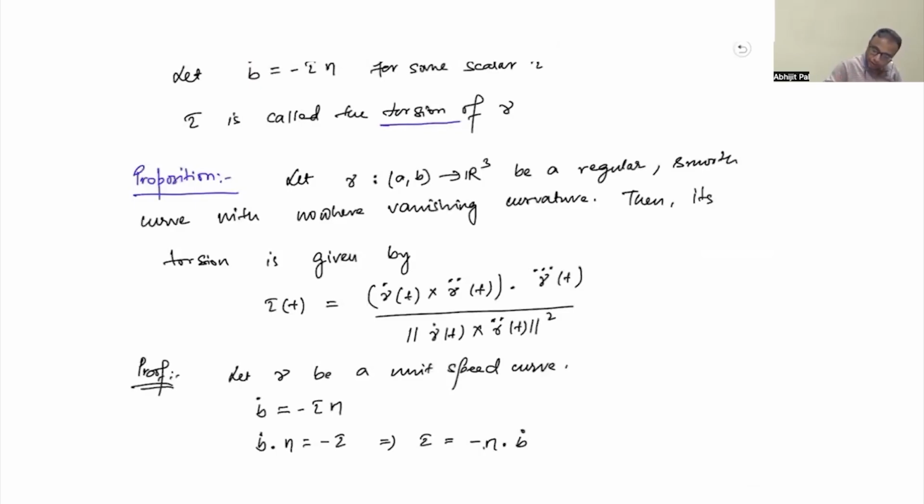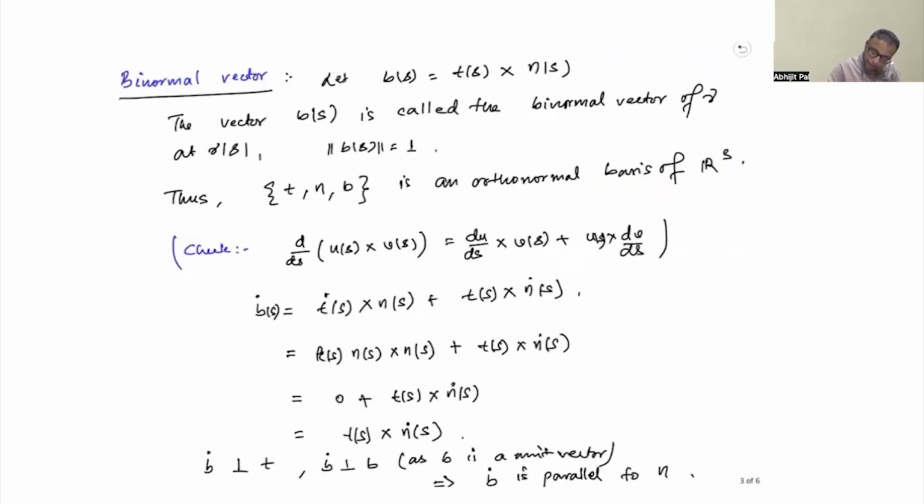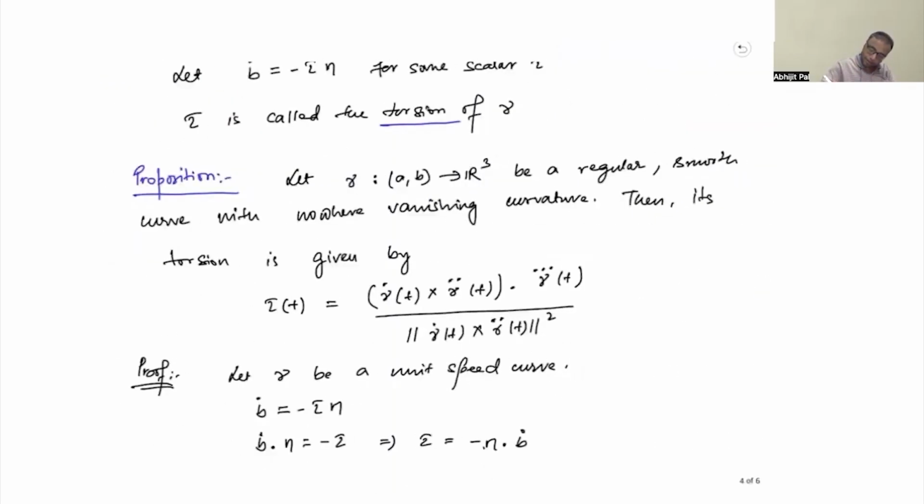Here also note this fact. From here, this n dot B dot is equal to the tangent vector product with n dot. So this is minus the normal vector dot product with this vector.